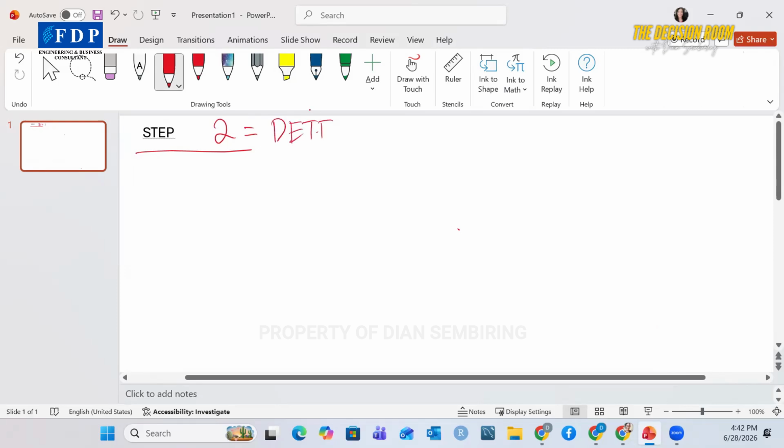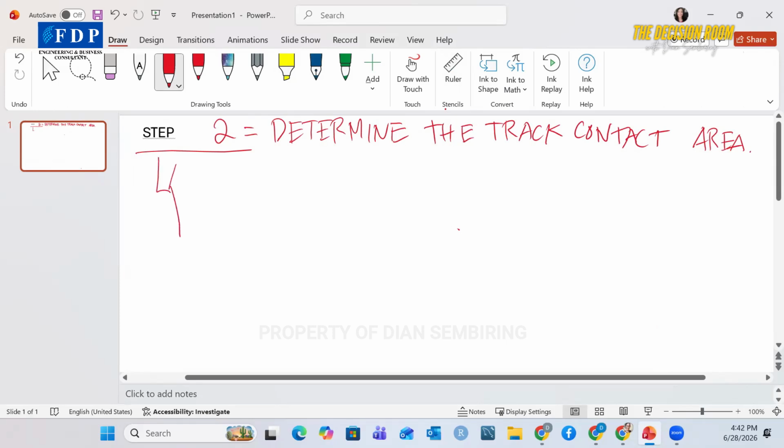So for step number 2, we have to determine the track contact area. Each crawler track has the following dimension. Let's say width is 1 meter and length 7.3 meters.